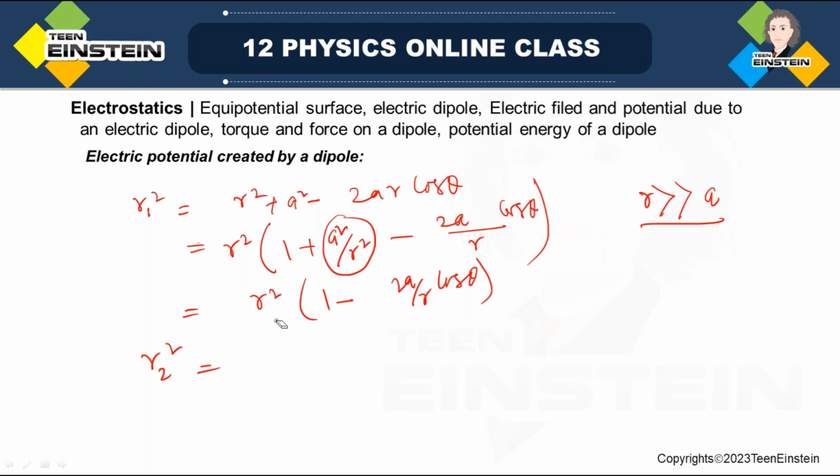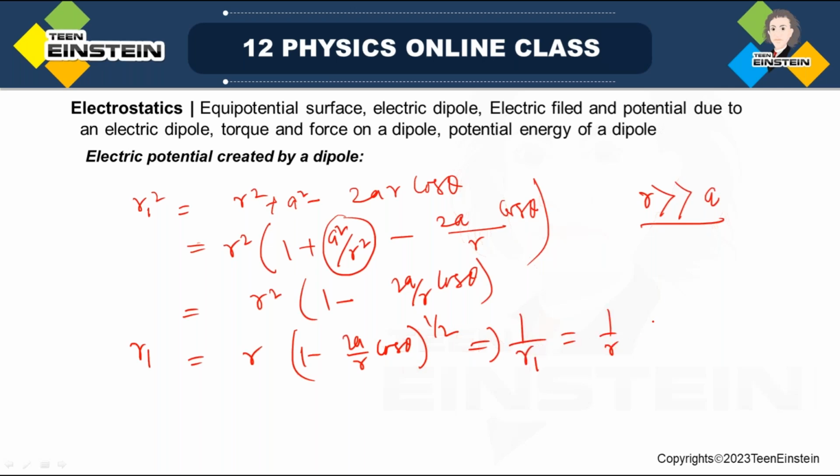Let me just do one thing here further. What is then r1? R1 is r, and this will be 1 minus 2a by r cos of theta, whole to the power half. So if I want to find out what is 1 by r1, then it is 1 by r into 1 minus 2a by r cos of theta, whole to the power minus half.